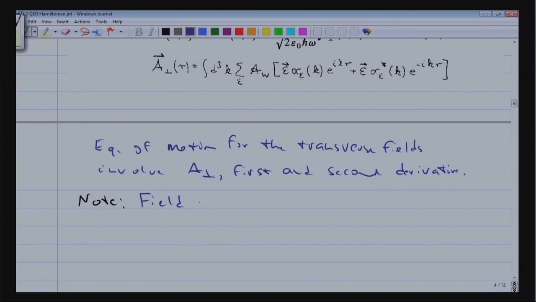So therefore, our classical fields are determined by A perpendicular and its derivative at the initial time.